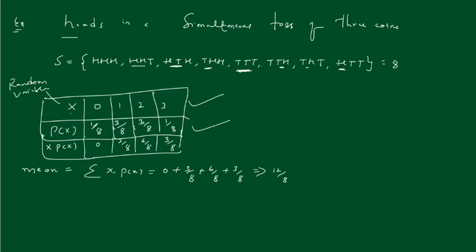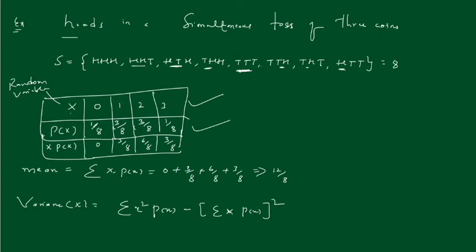So now variance. The formula for this is summation x square into px minus summation x into px whole square, right?